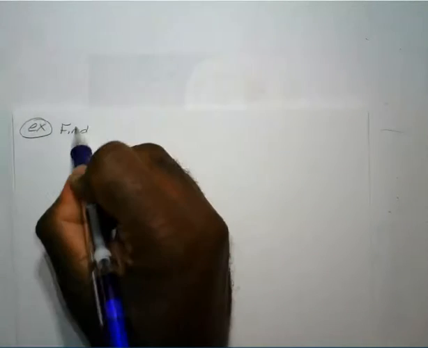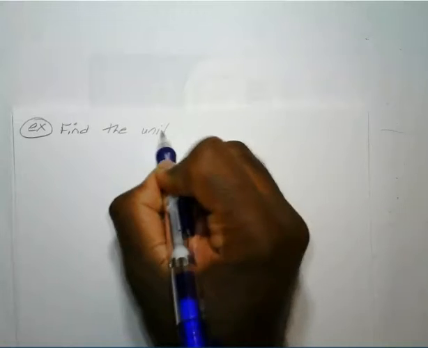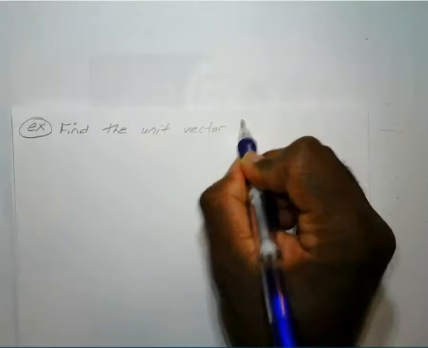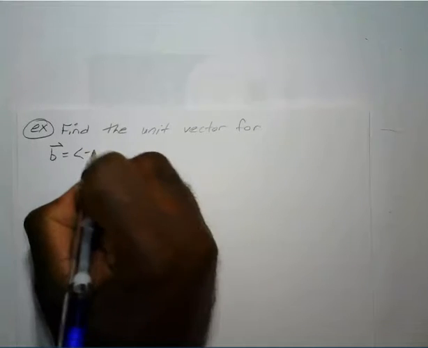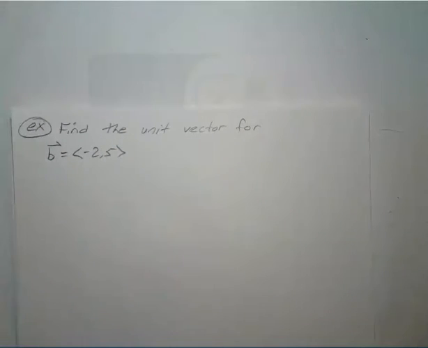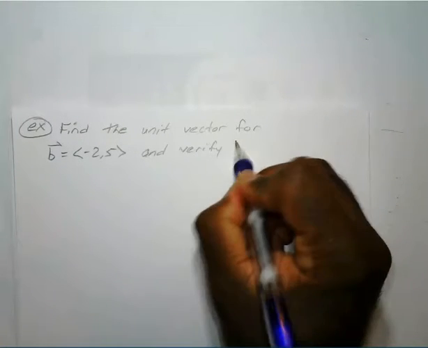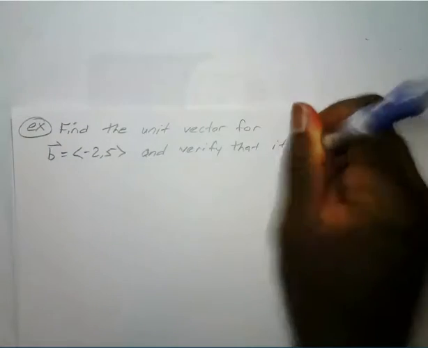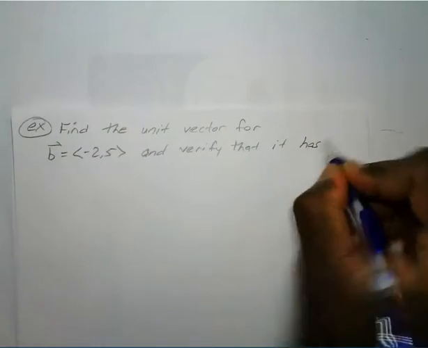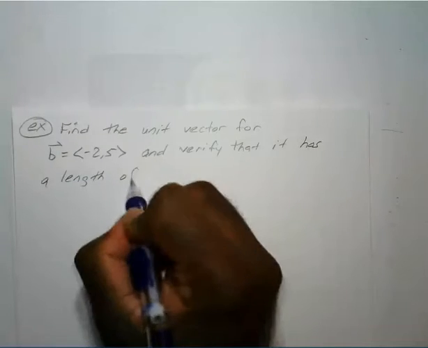For example, what if we wanted to find the unit vector for, let's say, b vector is equal to negative 2, 5, and verify that it has a length or magnitude of 1.